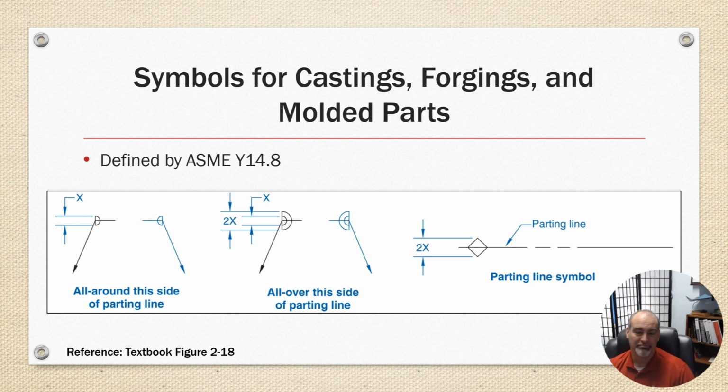So you might have texture on an entire surface from the parting line up, and it has this double half arc. And then we have our parting line symbol, which is a square on end, kind of like a diamond, going to a phantom line. And that's going to define where the parting line is for the part, and the mold maker needs to make the mold so that it separates at that. And it's typically acceptable to have a witness mark where the mold halves came together.